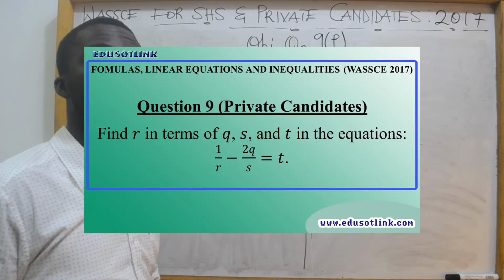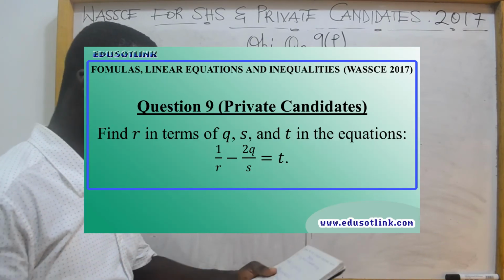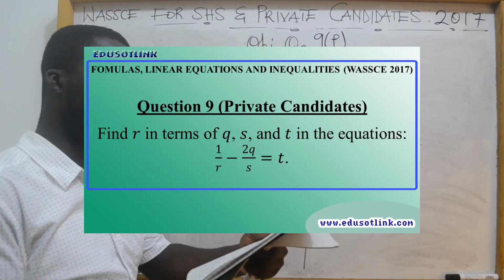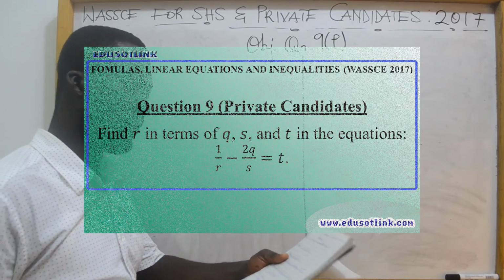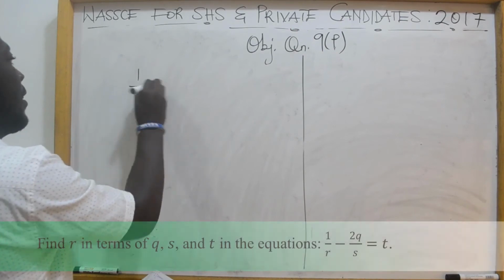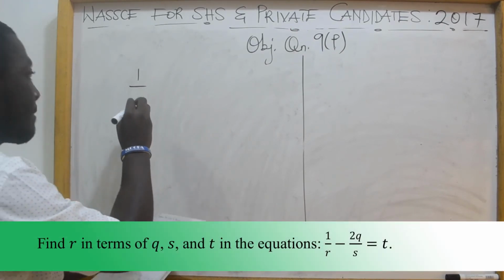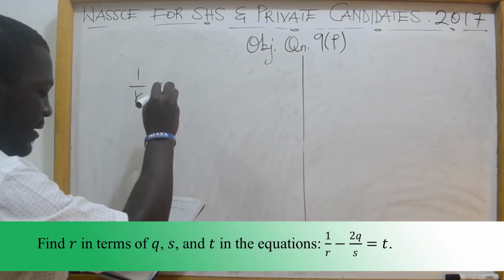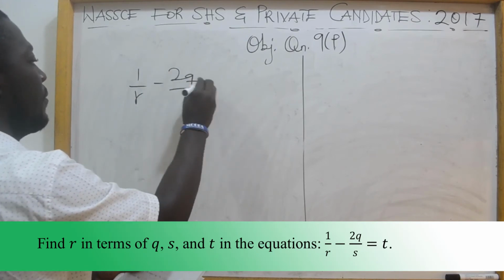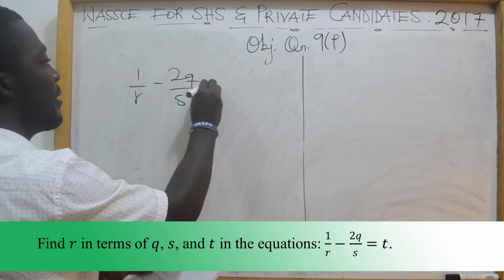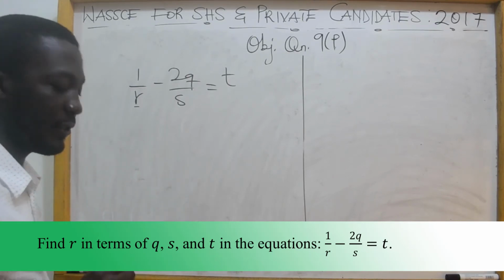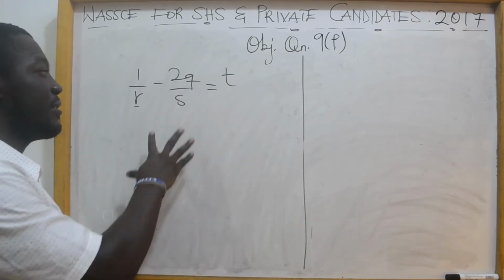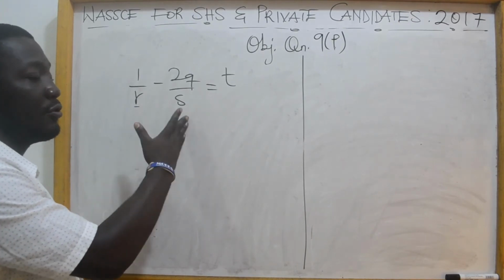Objective question 9 for private candidates. The question says we should find R in terms of Q, S, and T in the equation 1 over R minus 2Q over S is equal to T. So we want to make R the subject. Now when you look at the left hand side, there are two terms, 1, 2.